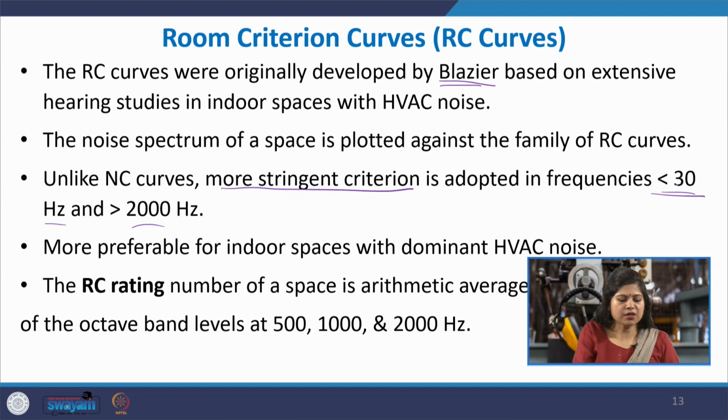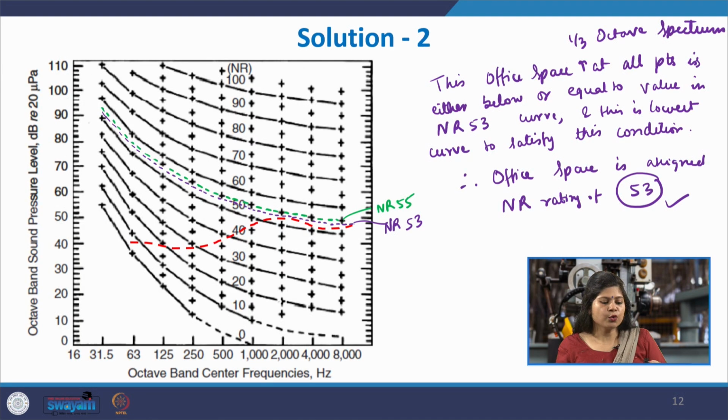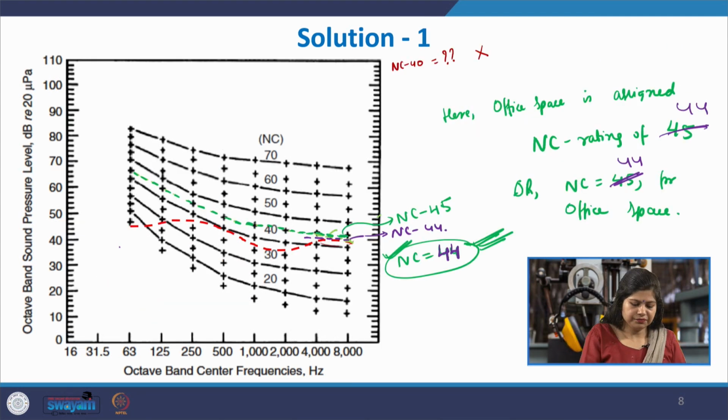In the previous curves you have very lenient criteria on the low frequencies, because the human ear is not sensitive to them, so even a much higher decibel level was allowed compared to the mid frequency regions.